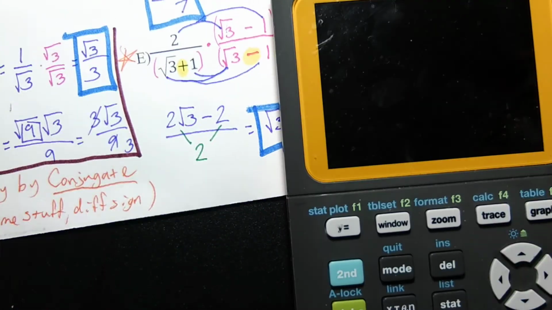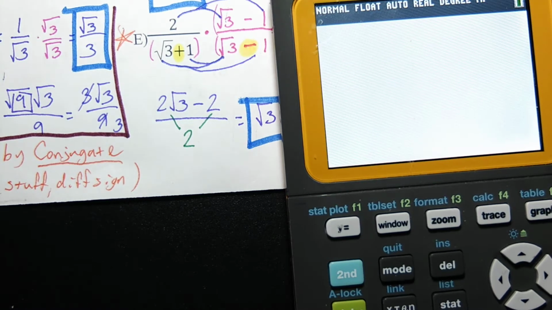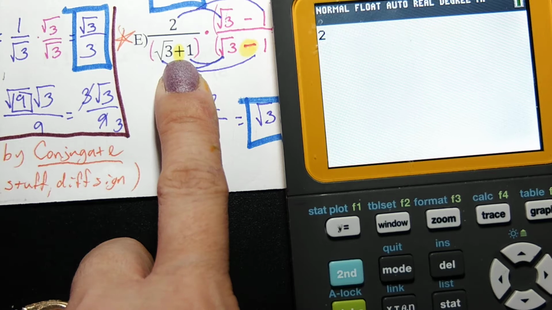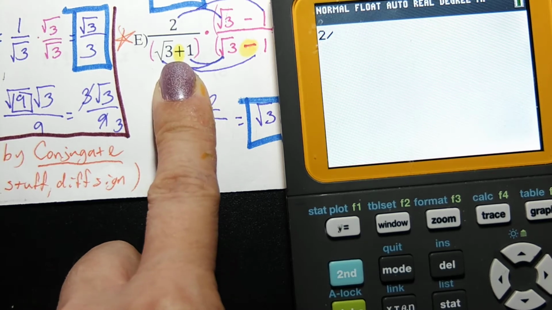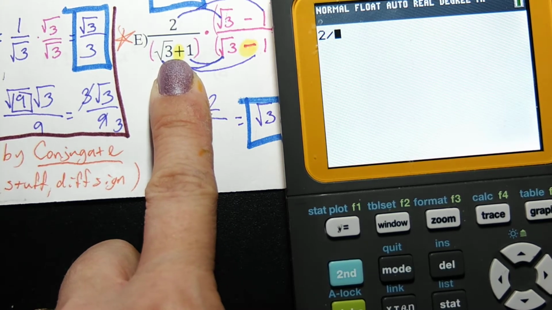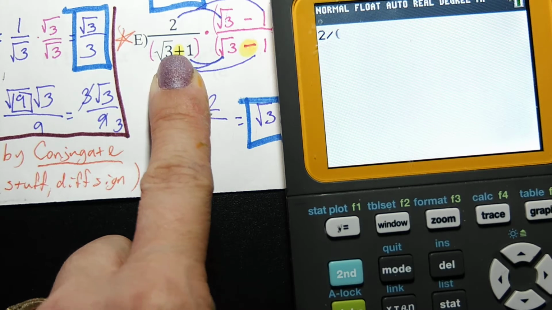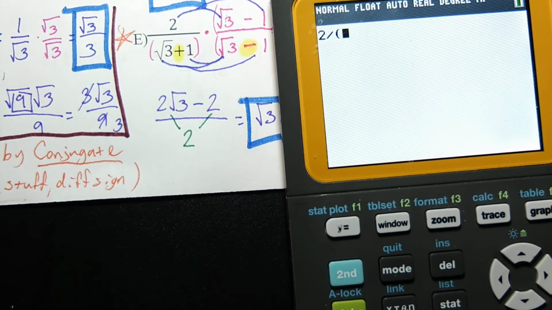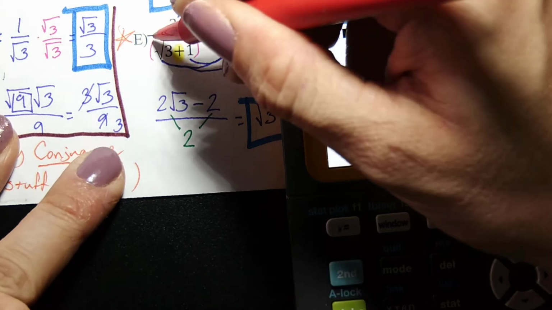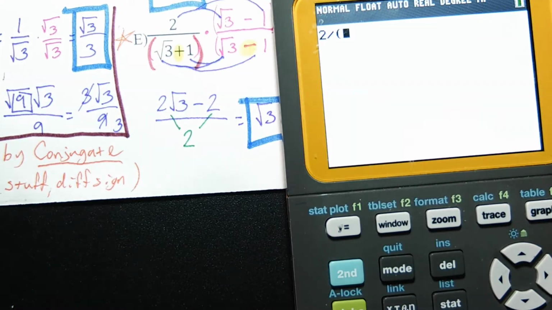So folks, as you can see with the FOILing, there are lots of little places that math errors can occur. So I want to show you how to check yourself on your calculator. Going back to what we did in the last unit, if I plug this in, what do I need to write after the division sign? Parentheses. So make sure when you type that in on your calculator that you include parentheses.